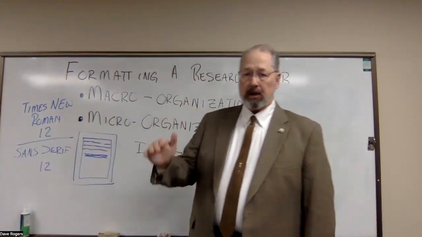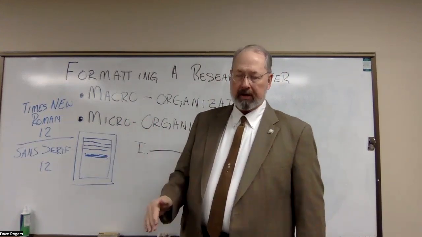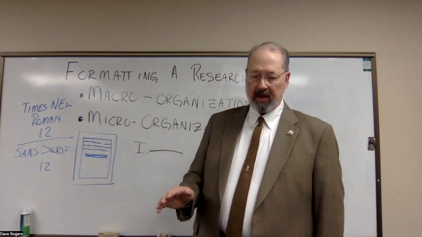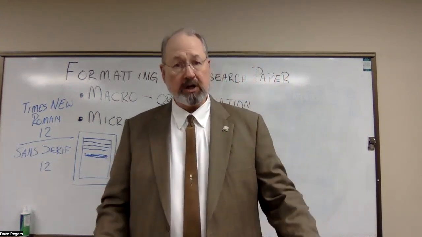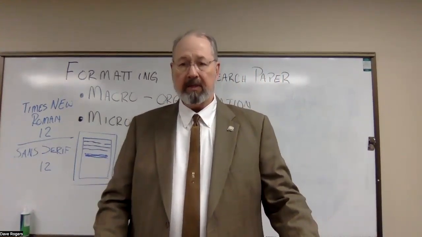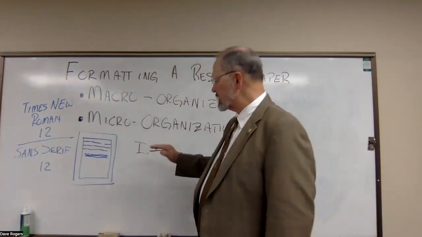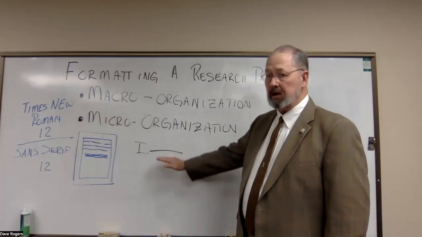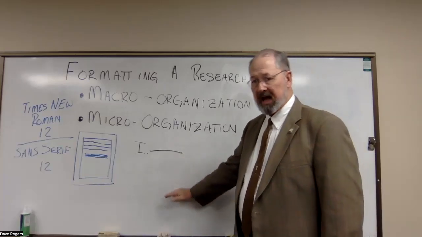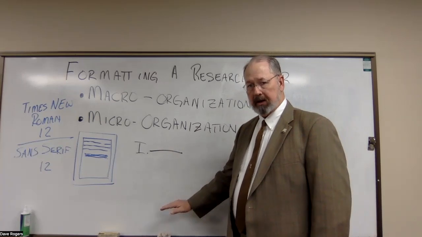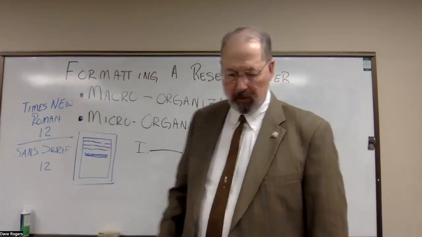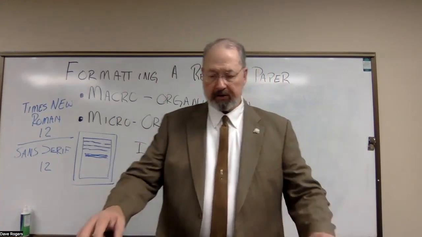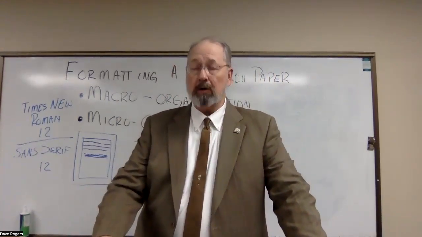And they will let you have a single subpoint. You don't do that in a research paper. If you don't have at least two subheadings, then you don't use a subheading. If you don't have a B, you don't need an A. If you don't have a 2, you don't need a 1. The same holds true in writing the paper. There must be at least two subheadings under a first level heading, or you just don't need a subheading.